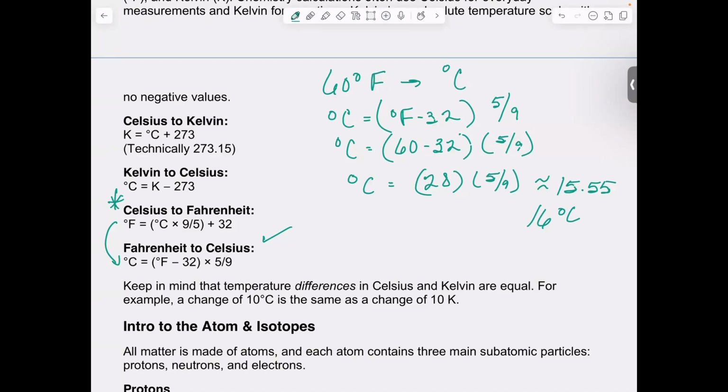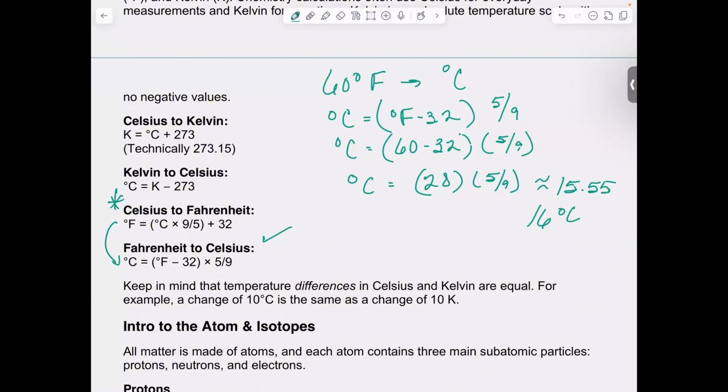Kelvin being the absolute scale, and then Celsius is just a relative scale that we use, I guess, more or less for weather, for our use, for our purpose, right? But Kelvin is largely used in physics and chemistry and so on. So we just need to keep in mind the temperature differences are the same, but the scales are going to be different.